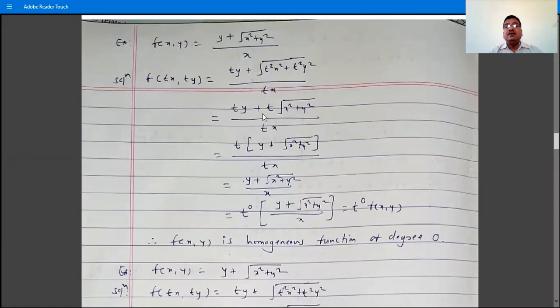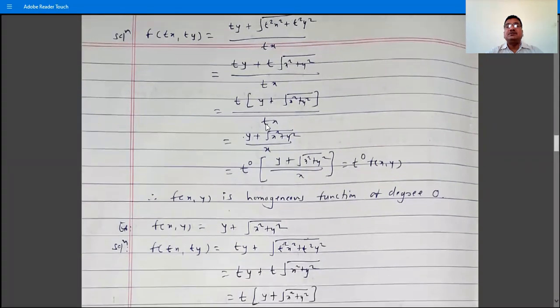So it is ty plus root, take t square common from the root, we have t in the bracket, x square plus y square, divided by tx. Then take t common from the numerator, we have y plus root x square plus y square divided by tx. T gets cancelled.